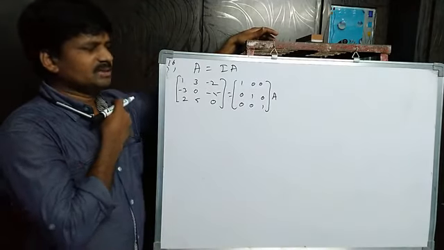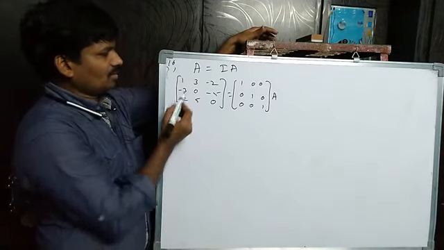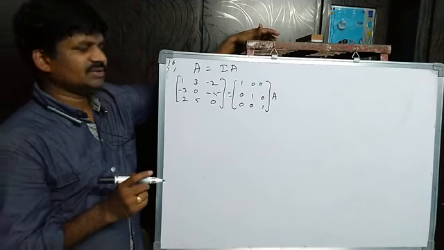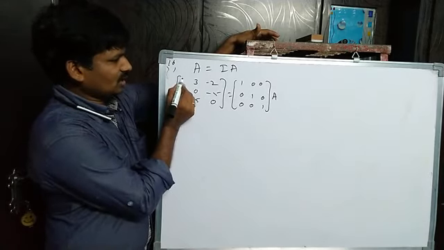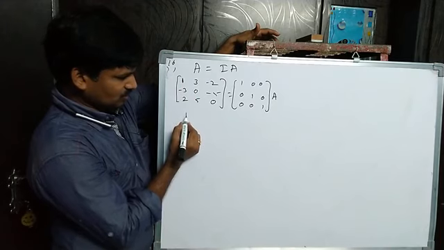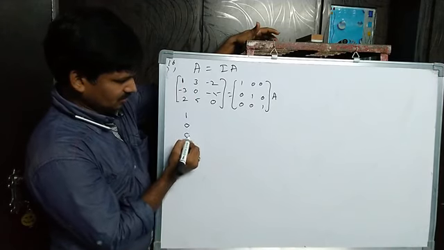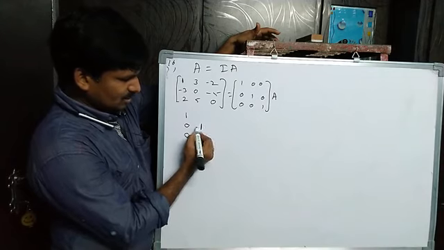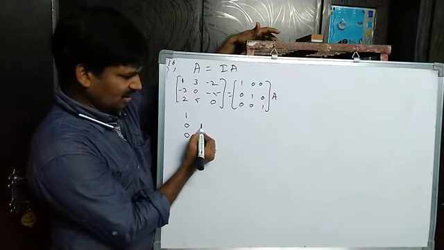Row operations, as I told you, are the procedure for finding the inverse of a 3 by 3 matrix. First we have to make 1 here, and by using this 1, make zeros here and here. Next, make 1 here, and by using it, make zeros here and here.